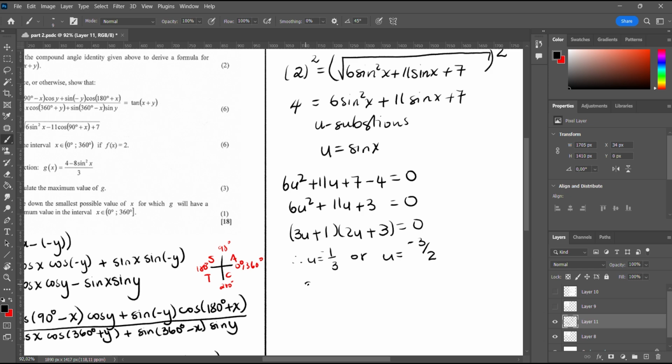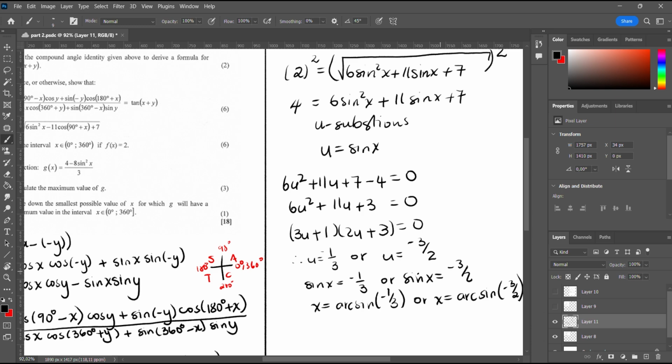And therefore sine x equals negative 1 over 3, or sorry, I almost said cos. Sine x equals negative 3 over 2. Therefore x equals arc sine of negative 1 over 3, or x equals arc sine of negative 3 over 2.